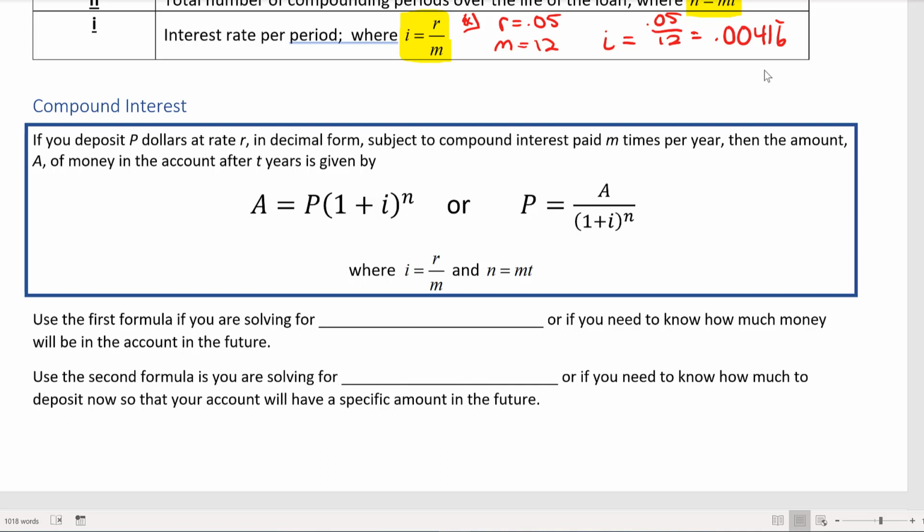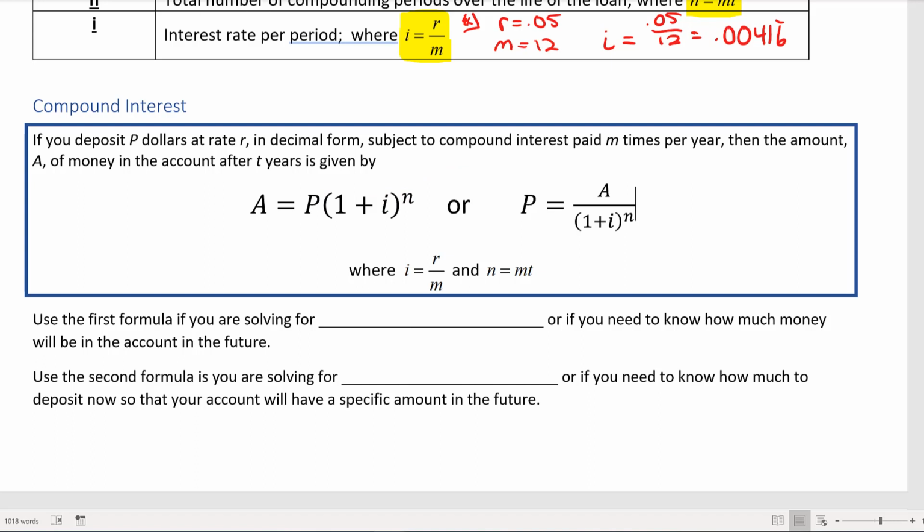Now if I manipulate this first equation and I divide both sides by the parentheses right here, then I will get this other formula. So these two formulas are basically the same formula. Why would we need two of them?